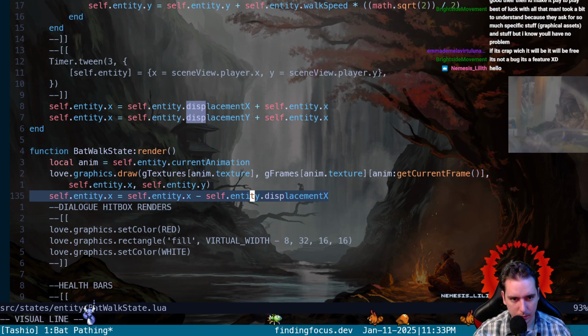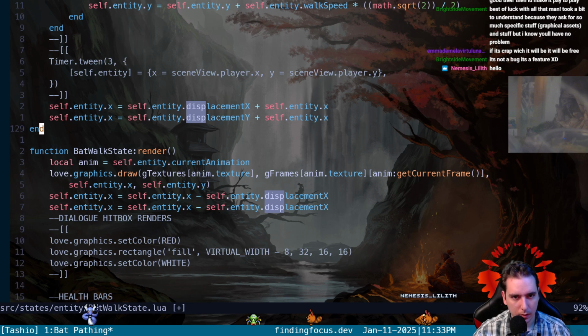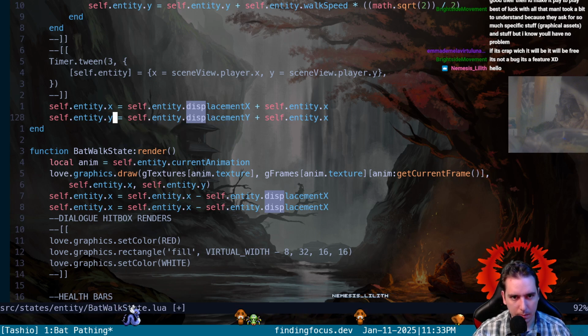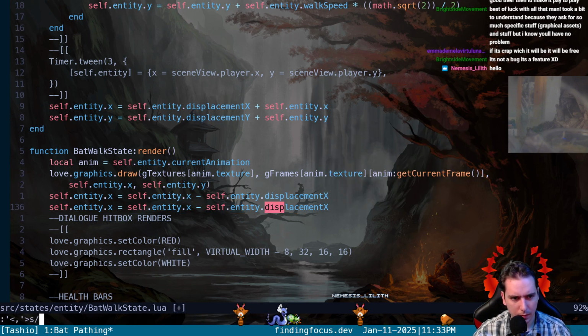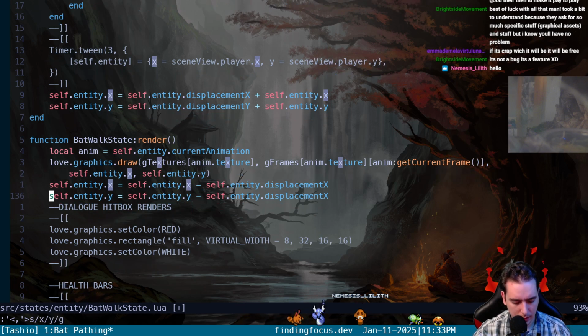So this should be entity Y and entity Y, and then this.